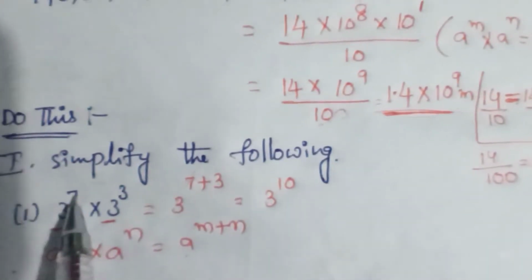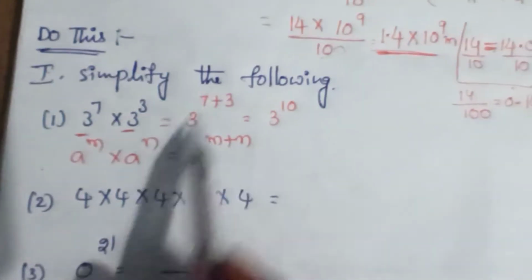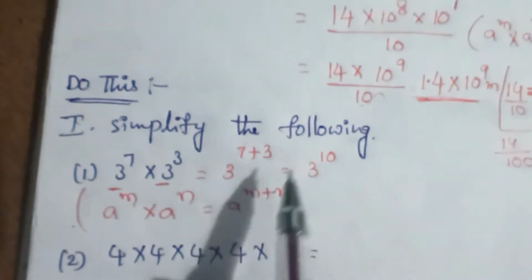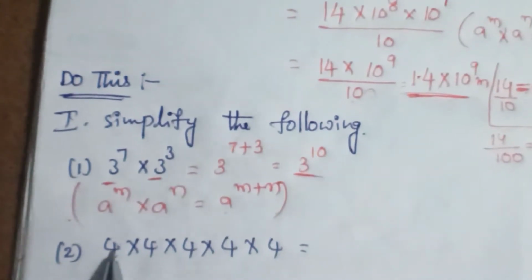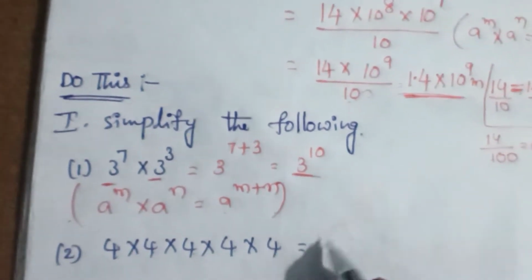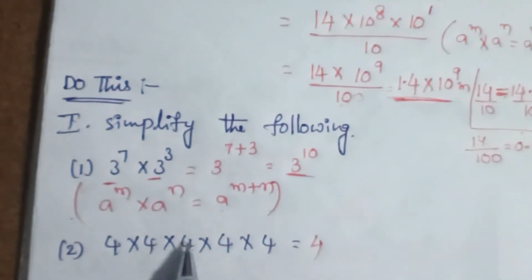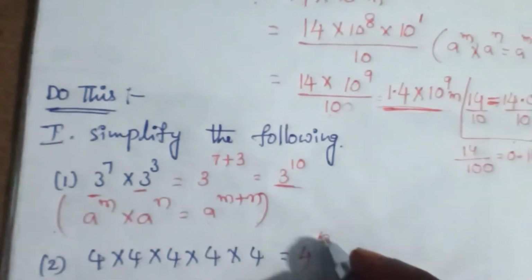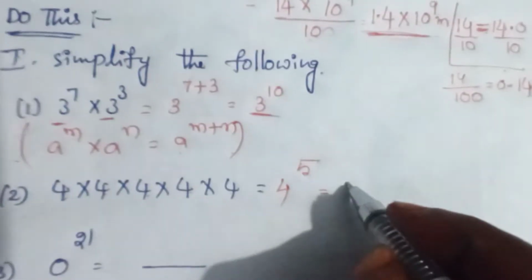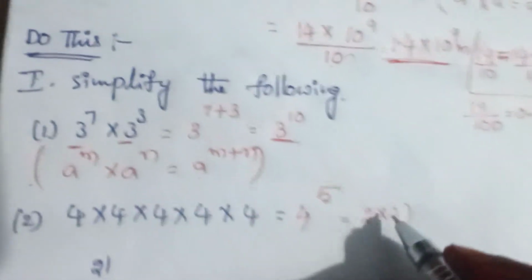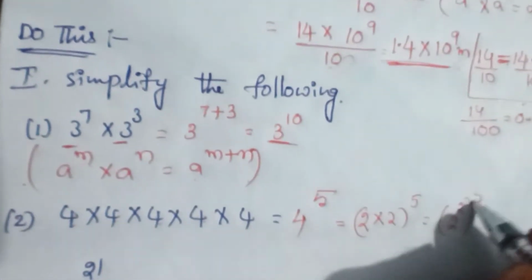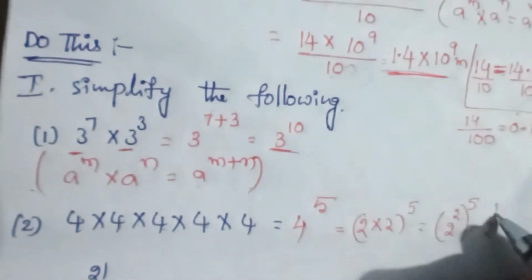3 power 7 into 3 cube is equal to, by using this formula you get this answer. Now 4 into 4 into 4 into 4 into 4, so 4 power 5, that is equal to 2. 4 means 2 square, so 2 square whole power 5, that is 2 power 5 times 2 is 10.